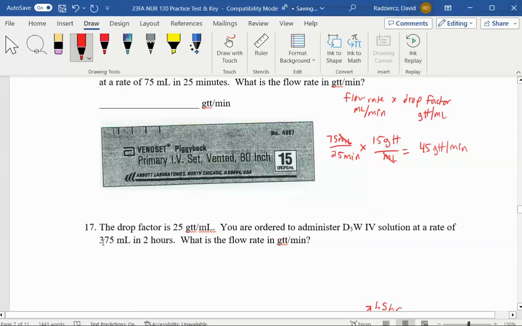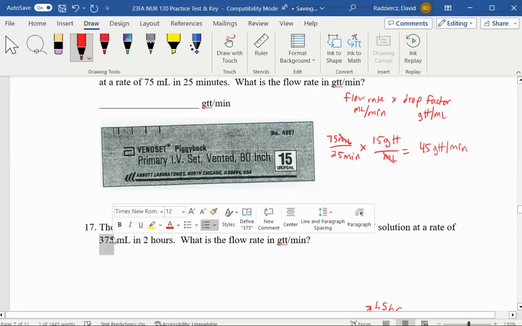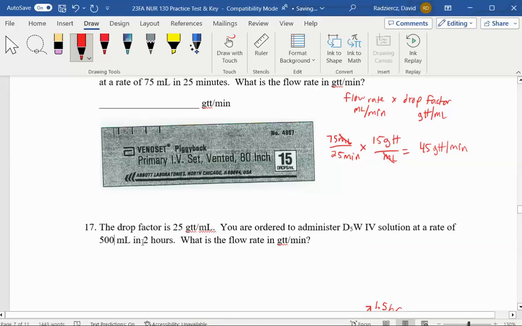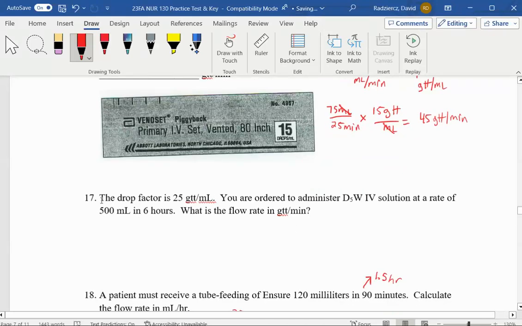It's at, let's say, 500 milliliters, and we're going to say 6 hours. I want to know what the flow rate is in drops per minute. I've changed the factors for this one. That says it's 17, but I'm going to delete the number there, so it's a separate question. Go ahead and attempt to answer that question.